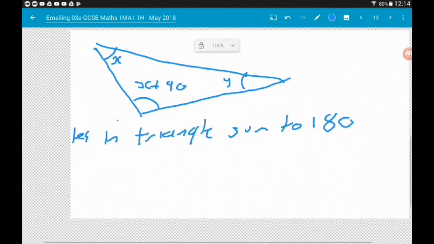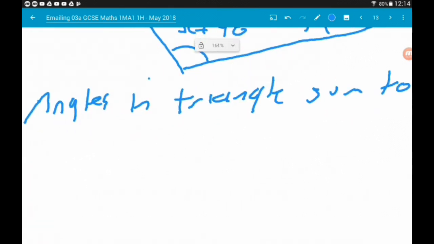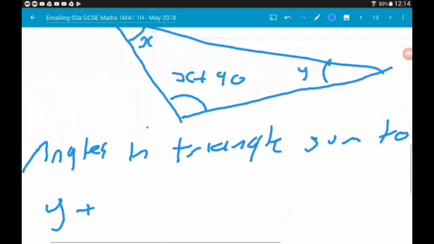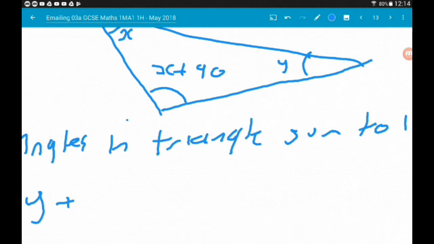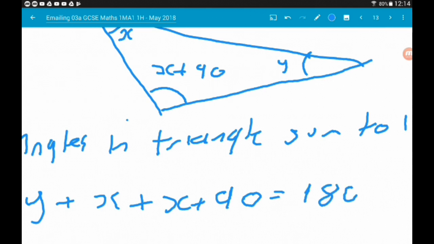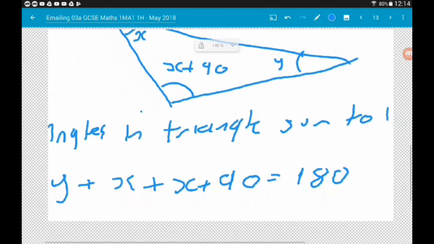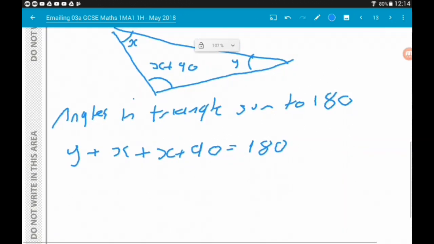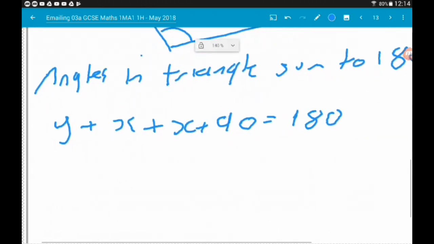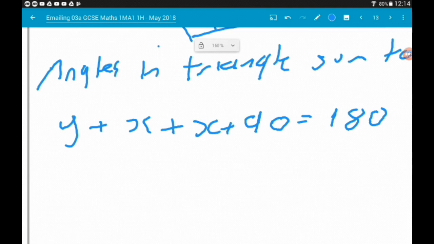So, what we can say is y add x add x add 90 is equal to 180. So now we need to take everything over on the right hand side. Let's simplify the left, I suppose, first of all.